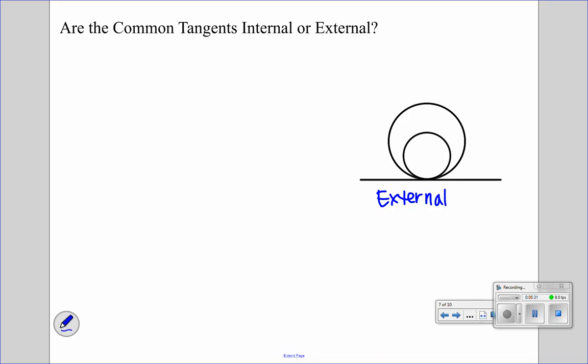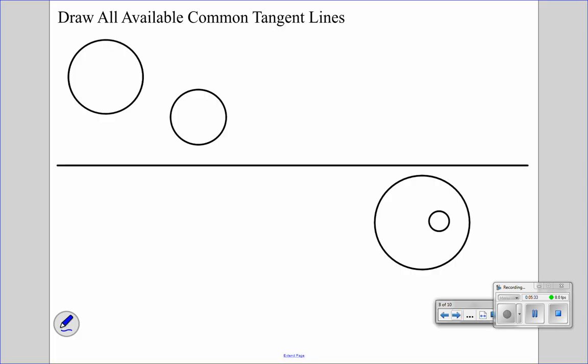Okay? So if we look at this next one, it says draw all available common tangent lines, internal and external. So we have one internal right here. We have another internal right here. And then we have two external, on the top and on the bottom.